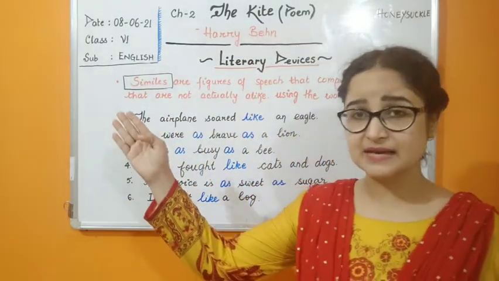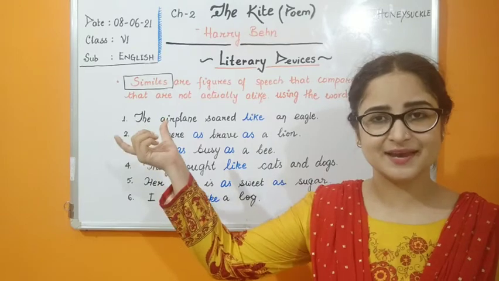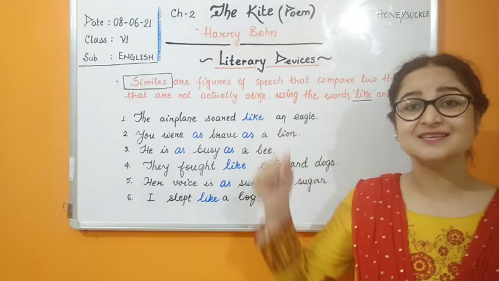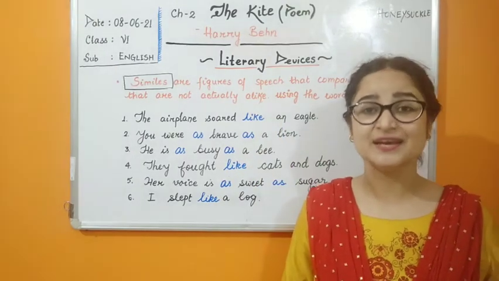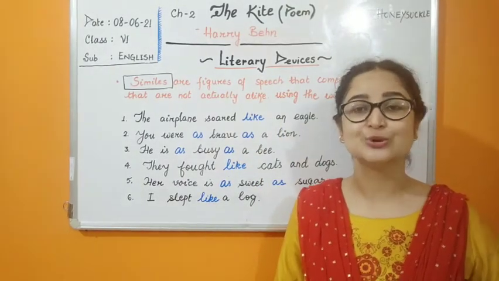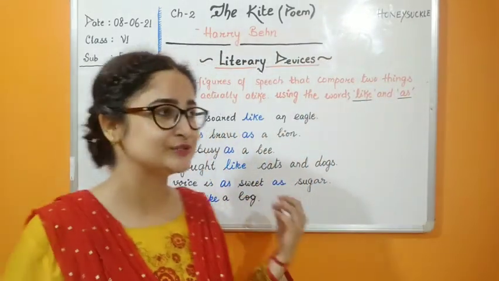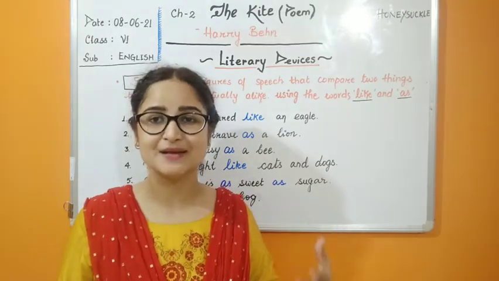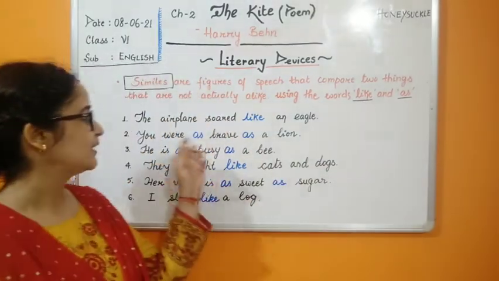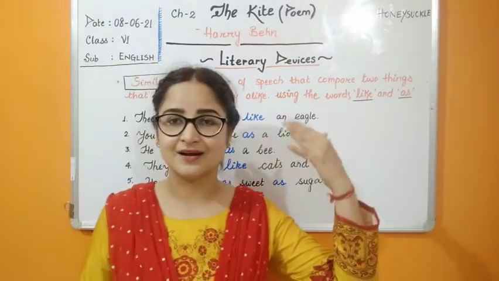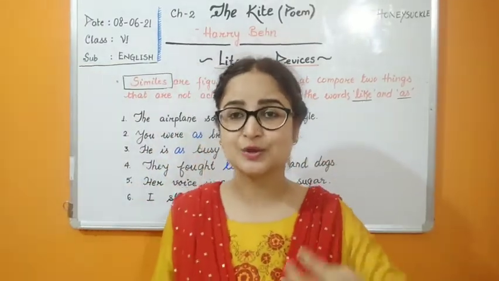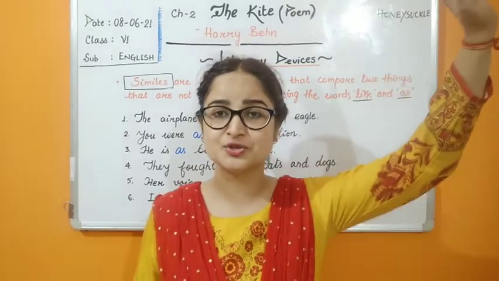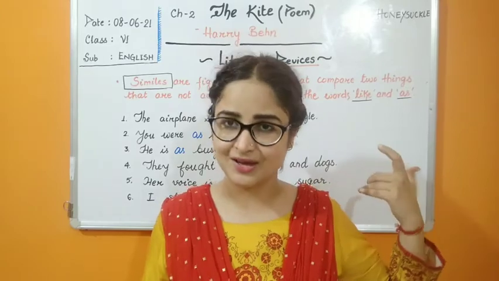An airplane is an inanimate object, but an eagle is a living object. So we can see that two different things are compared to each other. Their flight, their actual characteristic of reaching a great height, is being compared here.